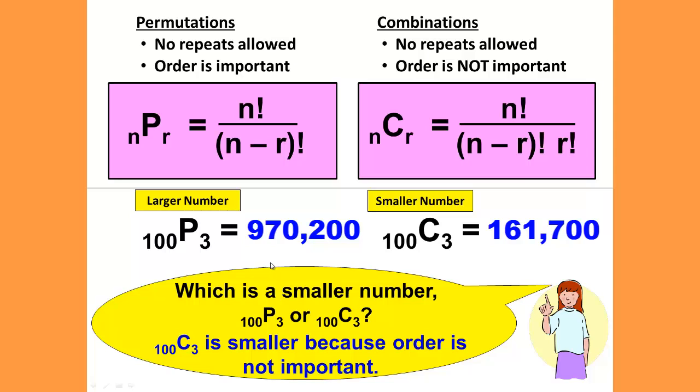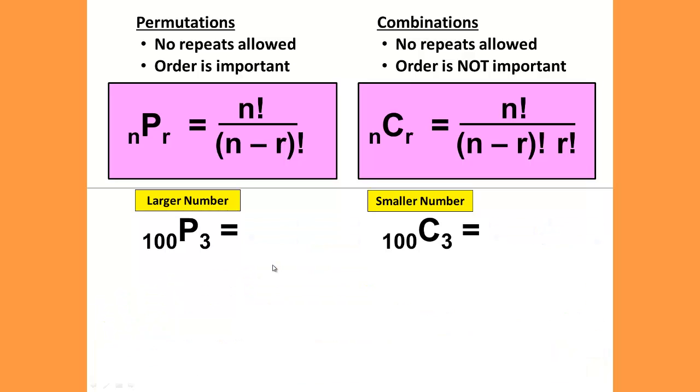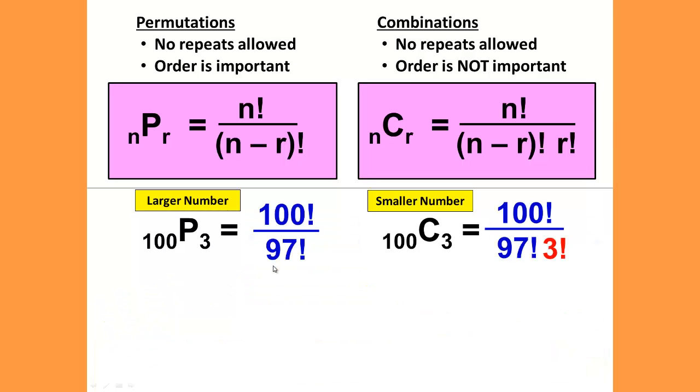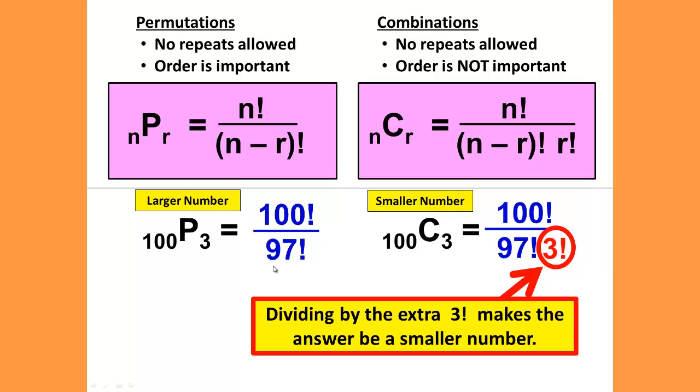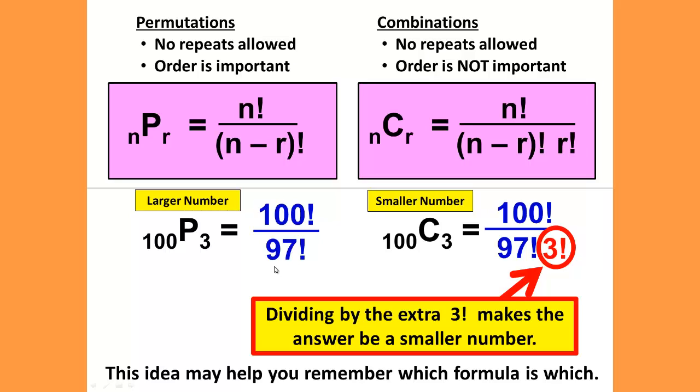Permutations will be larger, combinations will be smaller. Look at the formulas. Notice that when we divide by that extra 3 factorial, it makes our answer a smaller number. That's another idea which may help you remember which formula is which.